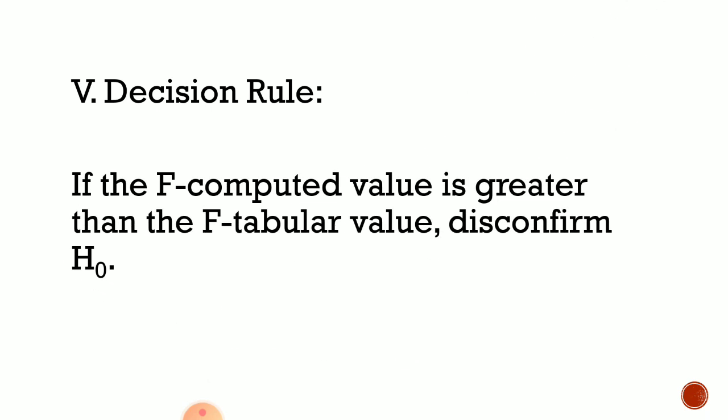If the F computed value is greater than the F tabular value, then we disconfirm H0. So basing from the F computed value and F tabular value, the F computed value is equal to 7.98 and the F tabular value is 3.01. So our F computed value is greater than the F tabular value. Therefore, we will disconfirm the null hypothesis.